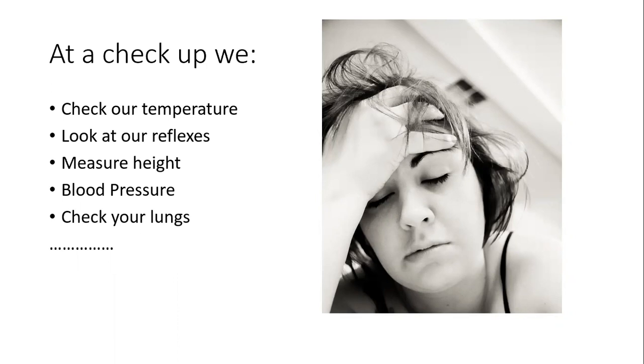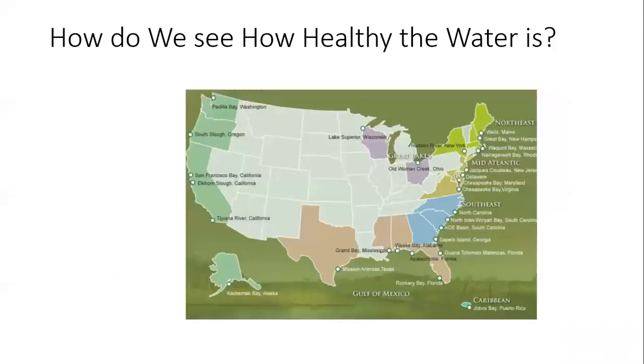Now, I don't think you can check the water's blood pressure, but there are a different series of measurements you can look at. Since we are part of this national network, each one of these reserves has the same set of parameters that they look at to see if the water in their area is healthy. And we're going to be walking through those today.